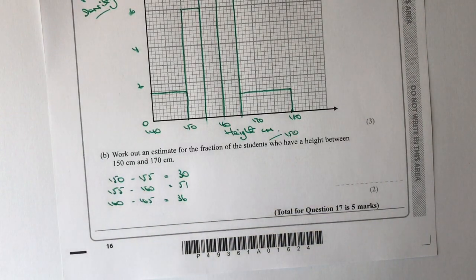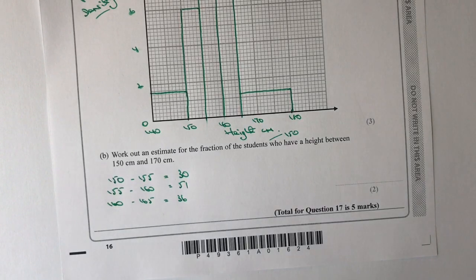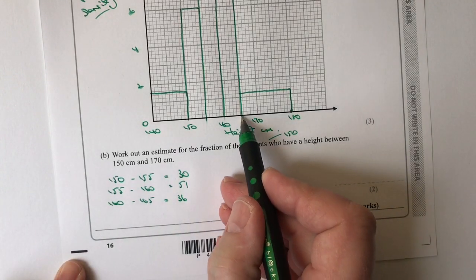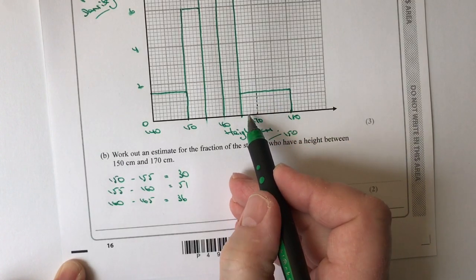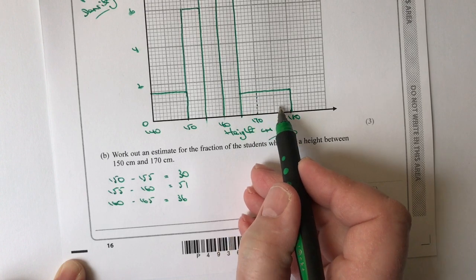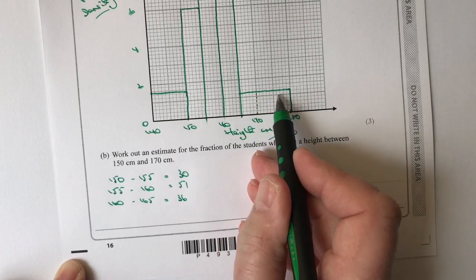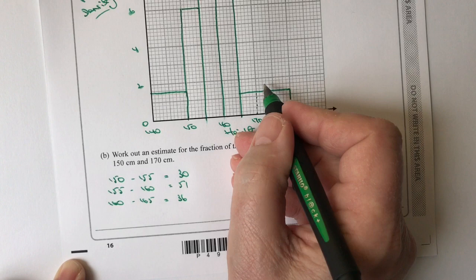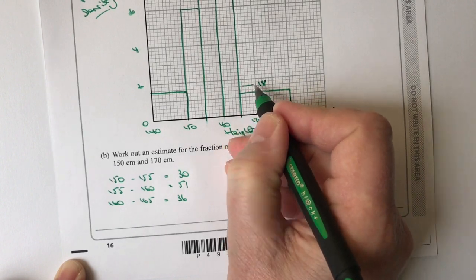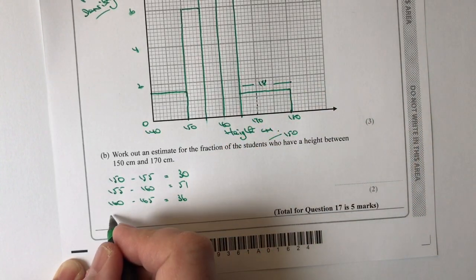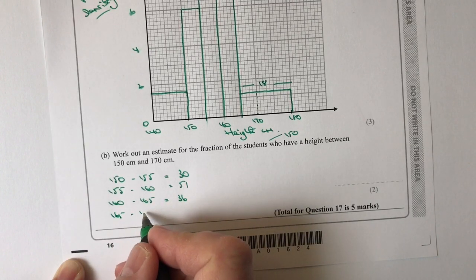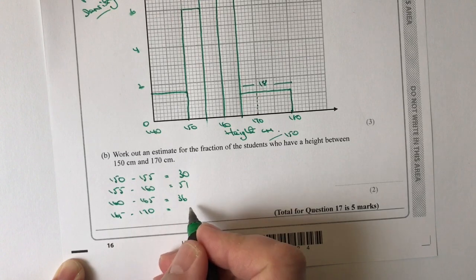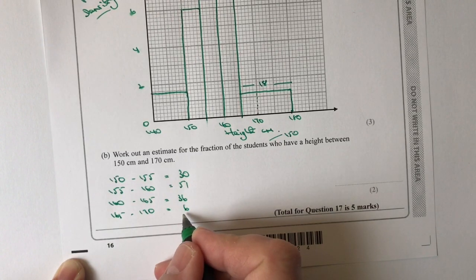And then 165 to 170, this is where it's slightly difficult. Hopefully you'll be able to see on the diagram that that's actually 1/3 of this block. And in this block, there are actually 18 students overall. So 1/3 of it would mean that the number of students with height between 165 and 170 is 1/3 of 18, which is 6 students.